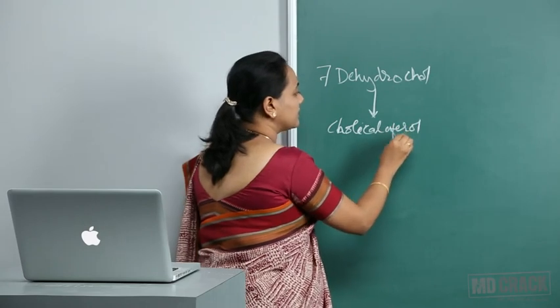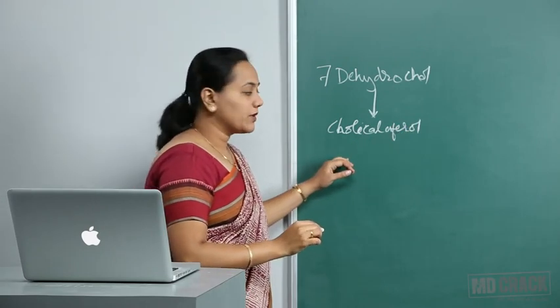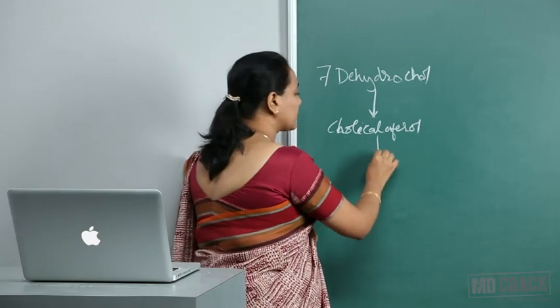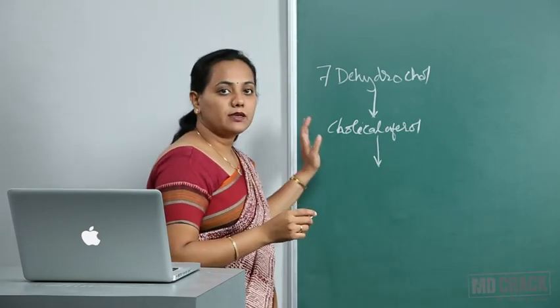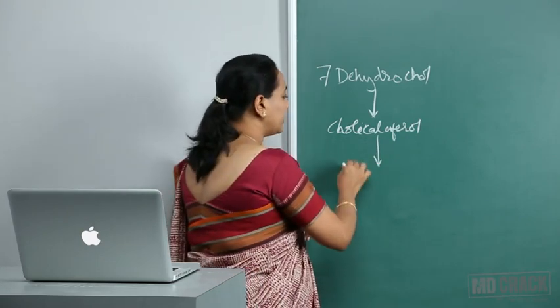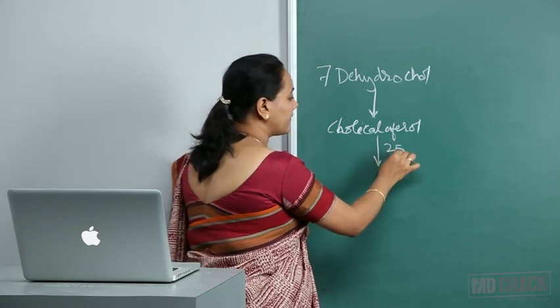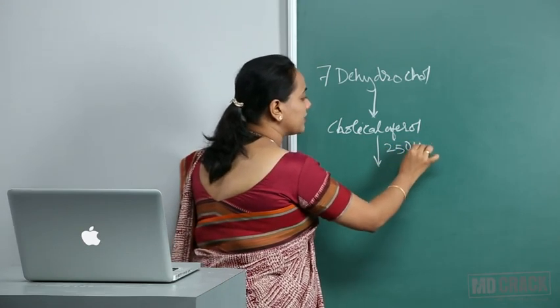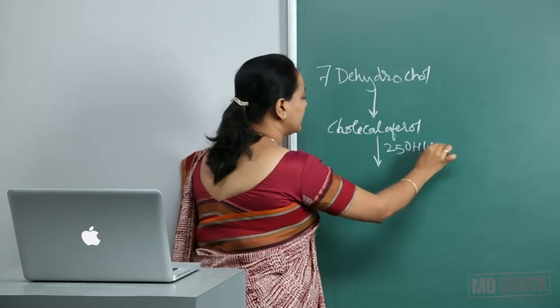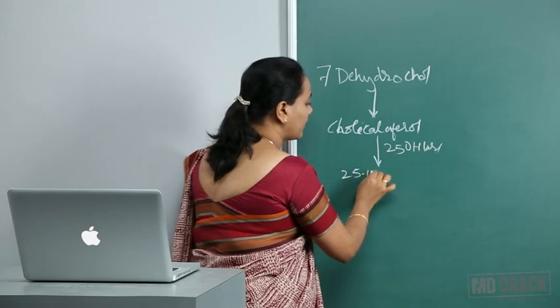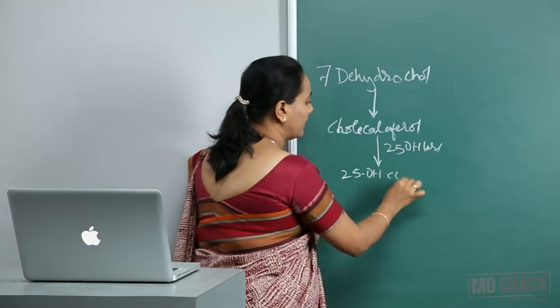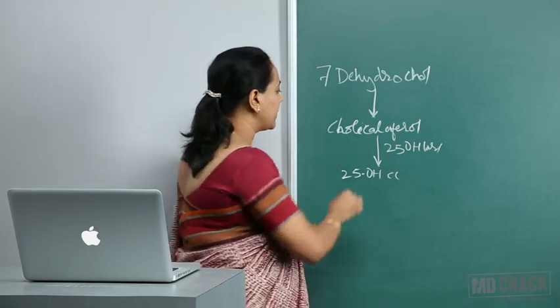This is happening in the skin. This is vitamin D3 that has been formed. Now what happens? From the skin it is going to go to the liver. In the liver it is going to get hydroxylated at the 25th position. So the enzyme is 25 hydroxylase and this will form 25 hydroxycholecalciferol. This is happening in the liver.